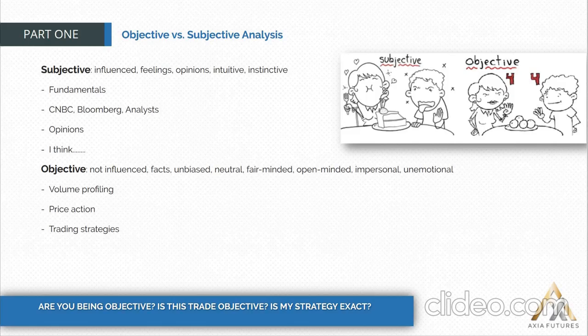Now, as we can see from the funny little picture, whilst it's simple, it's highly effective. The boyfriend and girlfriend are sitting down eating a piece of cake. The boy is looking at the cake thinking, oh, my girlfriend can't cook or bake at all. Her food's not very good and this cake's going to be terrible. So we can see that he's got an opinion, a preconceived idea of what it would be like.